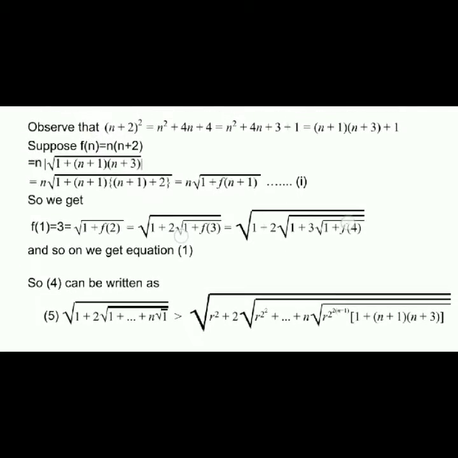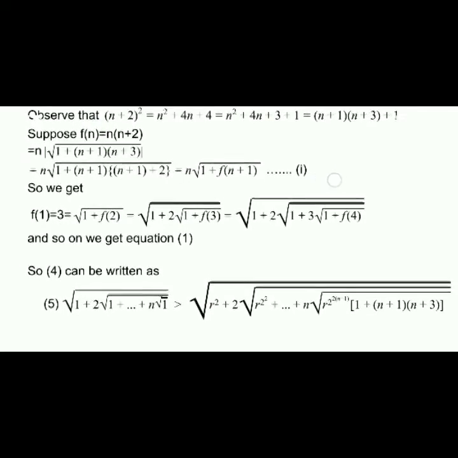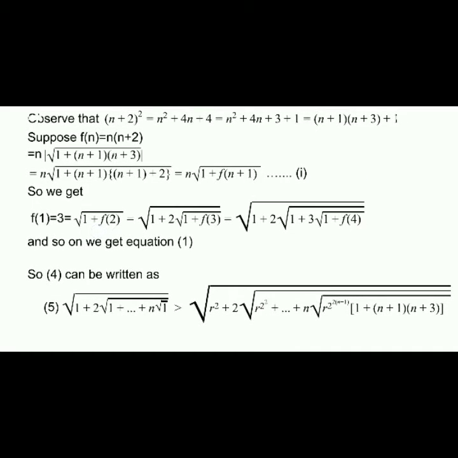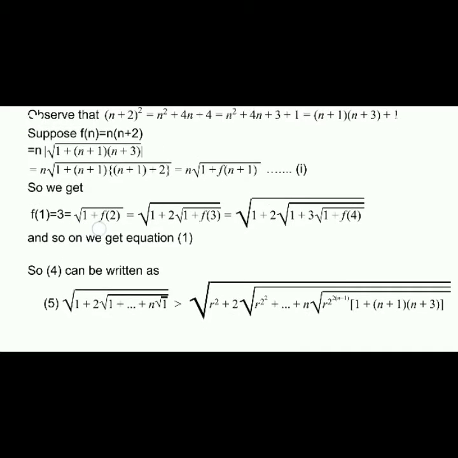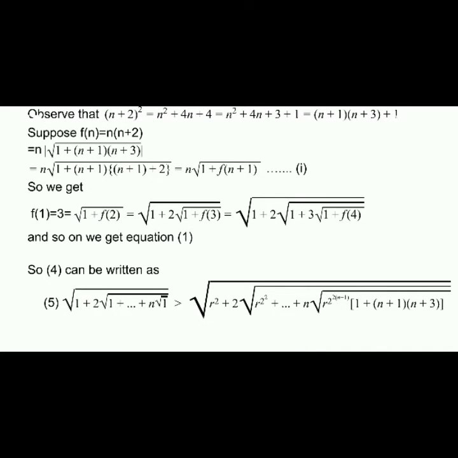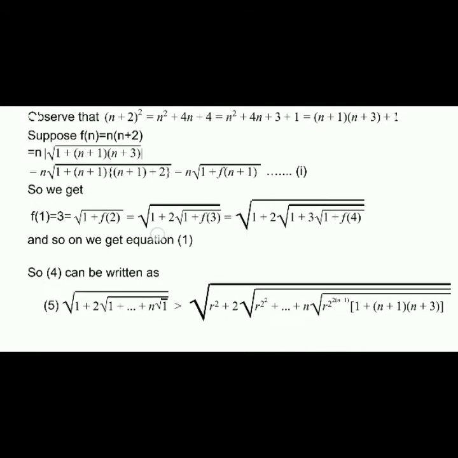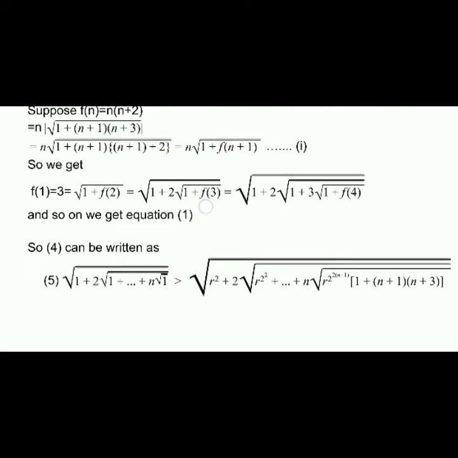Okay, so I put the value n equal to 1, we have f(1) equals 3. You can easily evaluate that, and then we proceed using this equation 1. So 3 would be equal to 1 times root over 1 + f(2), which is equal to, we put the value of f(2) here, 2 times root over 1 + f(3).